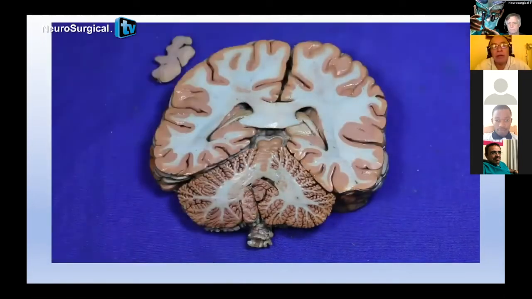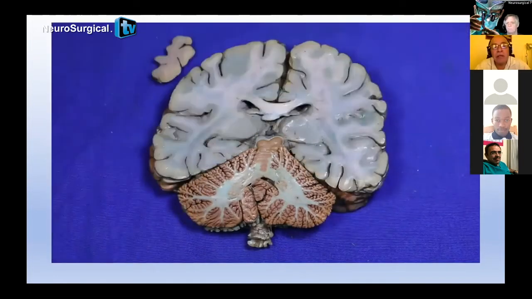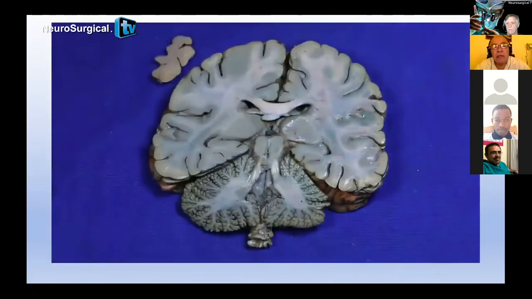So, Victor, sorry. Is this like a double staining? Because what we saw before was reddish in staining. Right now we see red and blue. Did you do two stains?